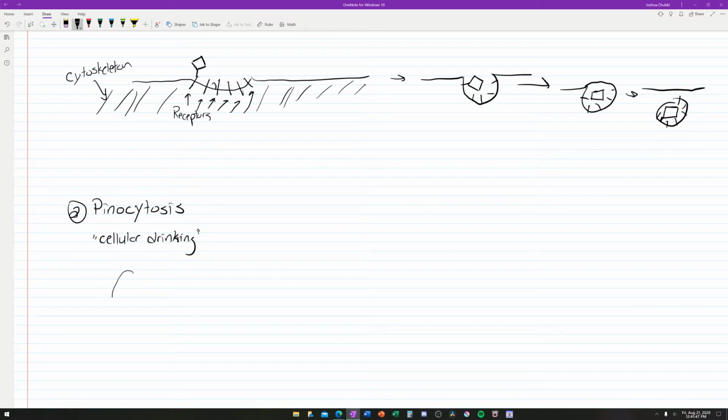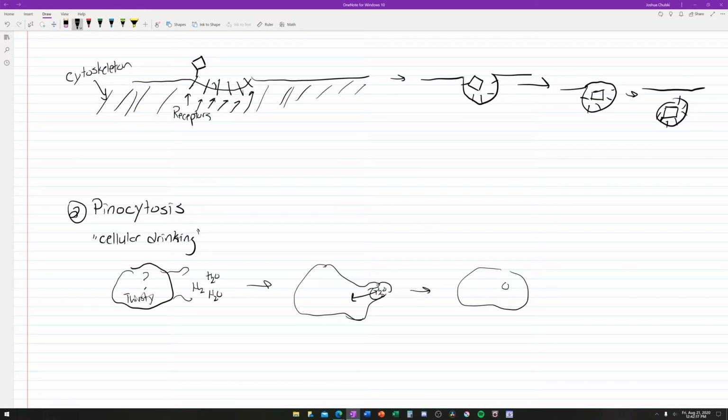If you have a little cell right here, and a bunch of H2O sitting over here, the cell is thirsty, and it's going to start forming these little vesicles. Eventually these little vesicles are going to have water trapped in them, and then they go into the cell. So you have these little pockets of water inside of the cell, and that's what pinocytosis is.